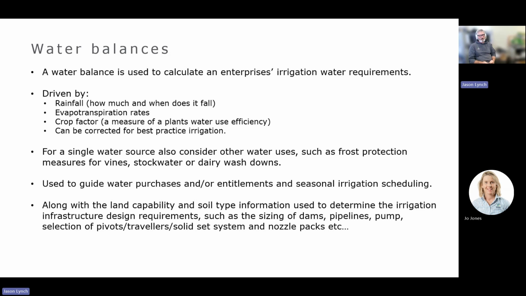Are the pipeline diameters big enough to shift enough water quickly enough in the period of time we require? What about pump duties? Are we looking at different types and styles of irrigation schemes? Is it centre pivots? Is it a traveller? Is it a solid set system? And then finally, the outlet at the other end, the sizing of the nozzle packs.